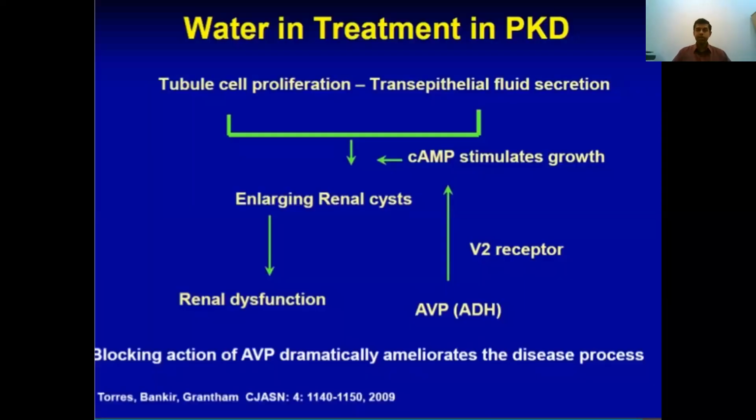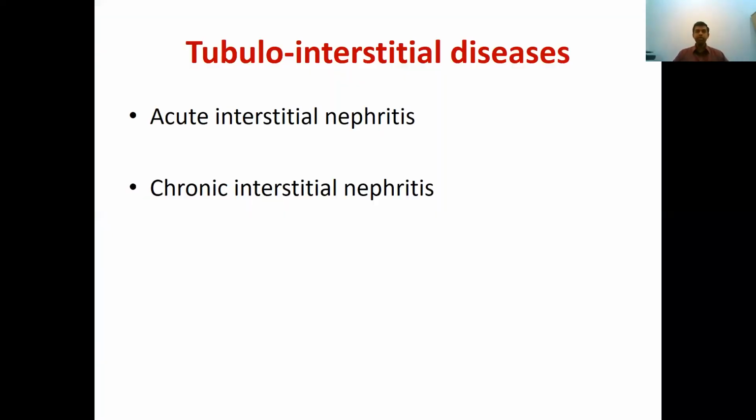Now that's all I'm going to talk to you about polycystic kidney disease. And the next group of diseases is your tubulo-interstitial diseases. So they are mainly where the tubule and the interstitial component, meaning the interstitium, gets affected by different causes. And you can divide this mainly into acute interstitial nephritis or chronic interstitial nephritis.